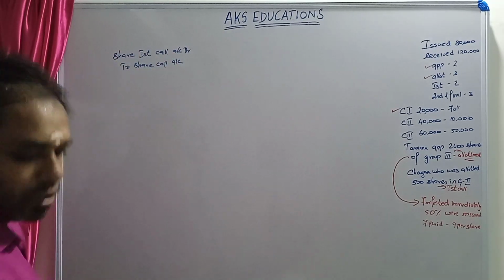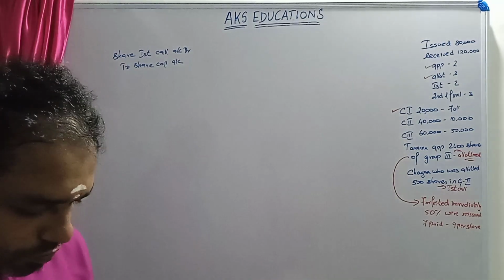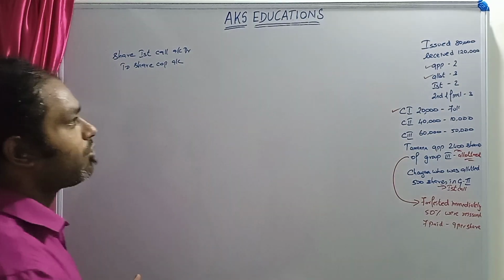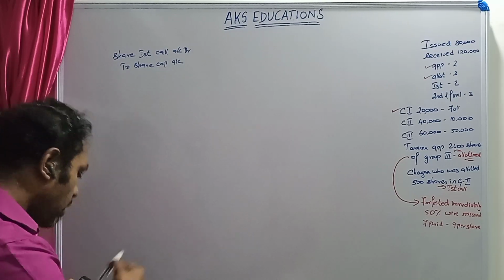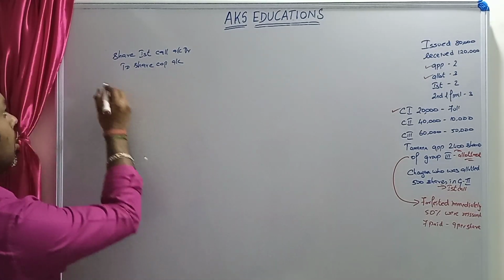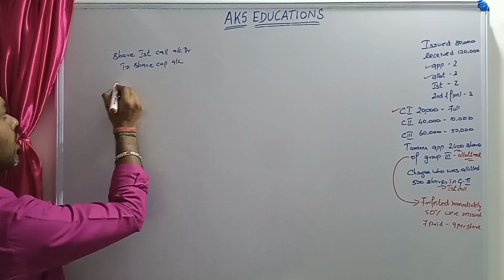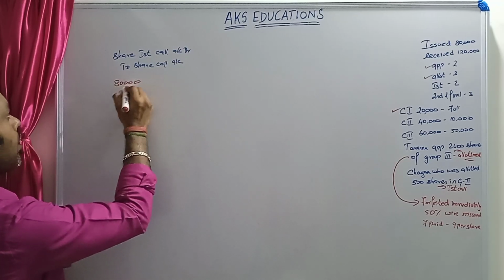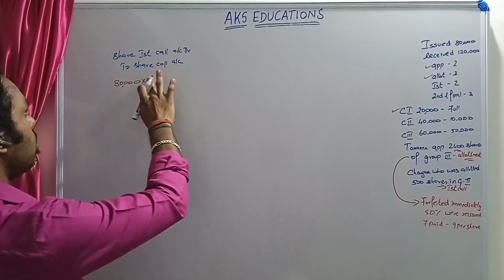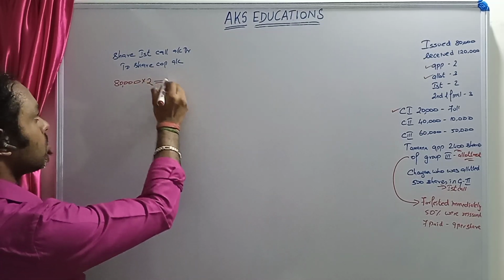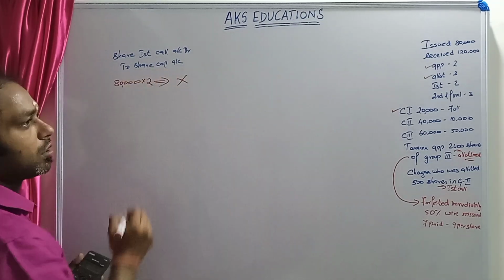Alright, so how much is share first call? Share first call is 2 rupees. So please understand over here. You cannot do it for the issued value, which is 80,000. 80,000 into 3. So, sorry, first call is 2. Can you do this? No, it's wrong.